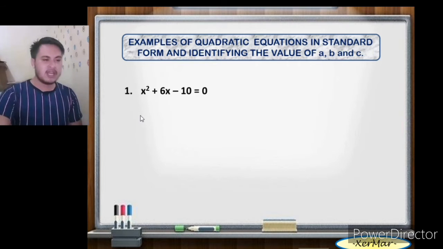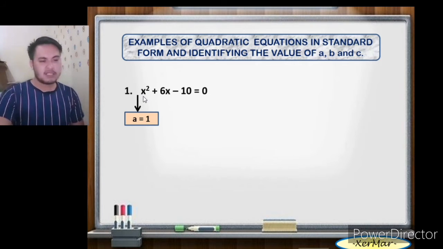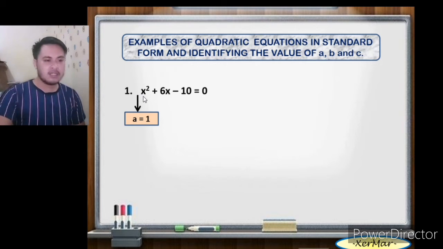So first, the value of a is 1. So here, guys, take note, if you cannot see any number beside the term or the literal coefficient, meaning to say there is an invisible 1 as the numerical coefficient.